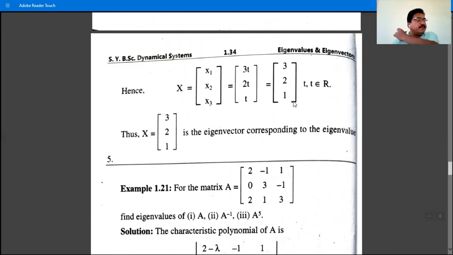And so this 3, 2, 1 is the linearly independent eigenvector corresponding to eigenvalue lambda is equal to 5.